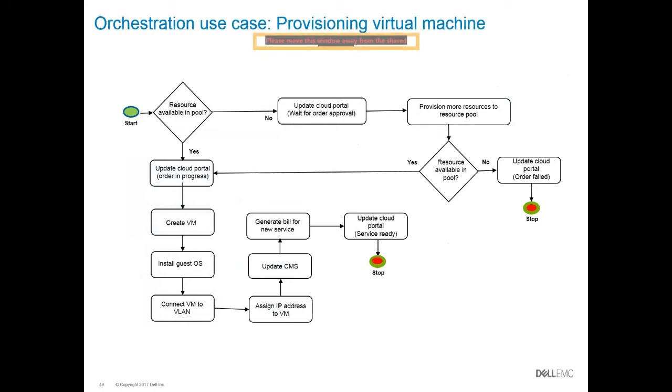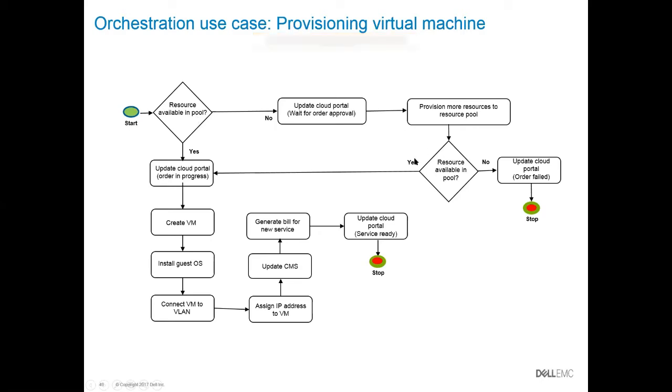I will not spend much time on this. There are certain decisions which need to be made. For example, if somebody wants to get a virtual machine, then the orchestrator actually has to make a decision whether the resources are available.